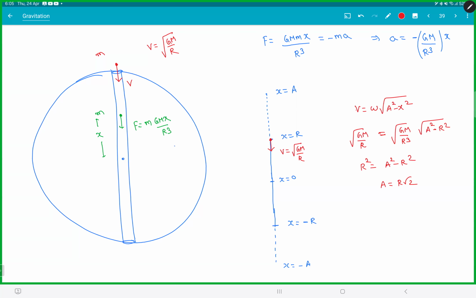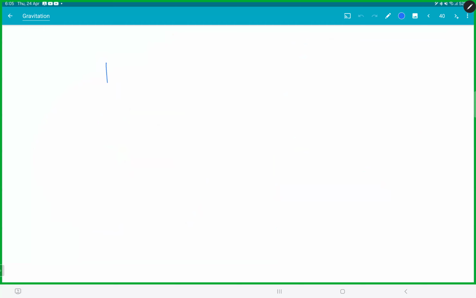Is that making sense? That means if you forget about the sphere and everything, the whole question has become like this. We have an SHM where this is x is equal to a, r root 2. This is x is equal to minus a. And somewhere here we have x is equal to a by root 2, which is r.